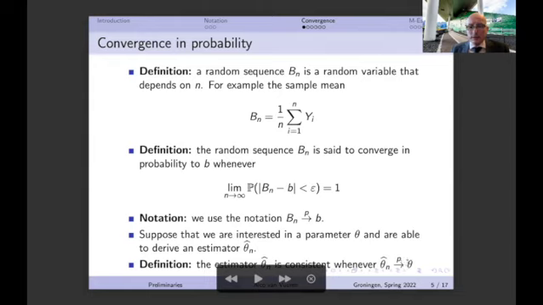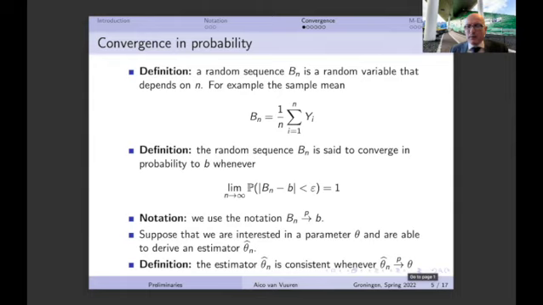Now we should realize that consistency is always the most important characteristic that an estimator can have. The reason is this: what does it actually mean that theta hat n is not going to converge in probability to theta?